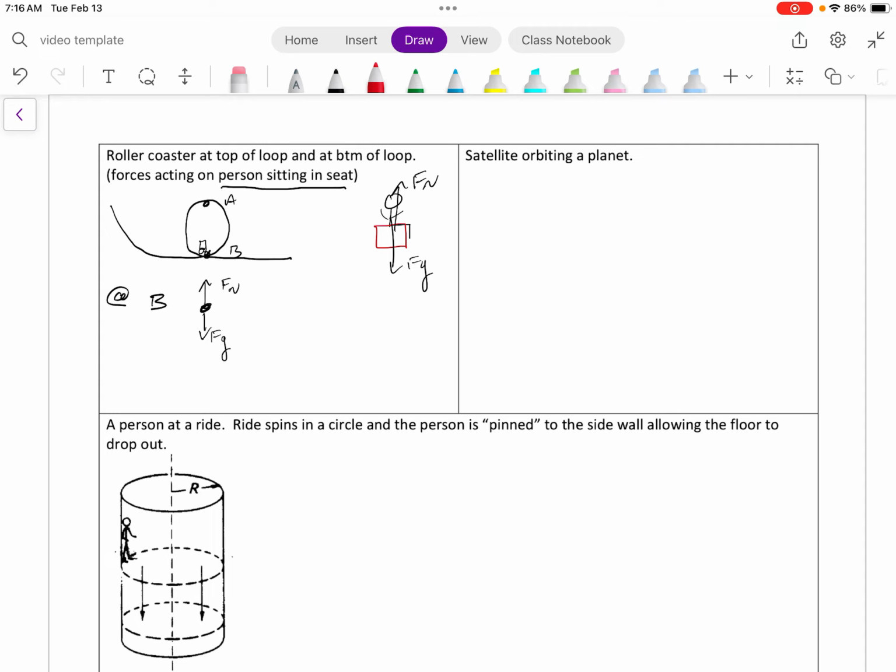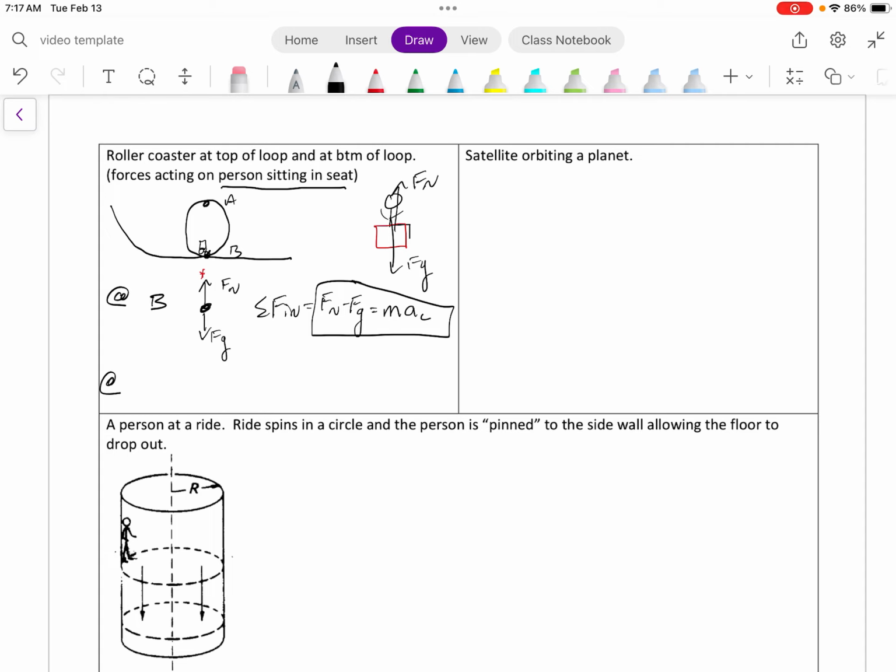The axis of rotation is above force normal, so I will sum the forces inward. Force normal is positive, force of gravity is negative, and it equals the mass of the person times the centripetal acceleration, which we can plug in information related to velocity or angular speed and radius, depending on what they're asking about.